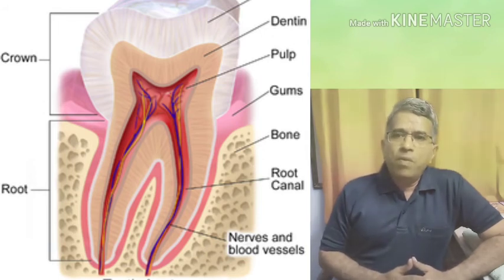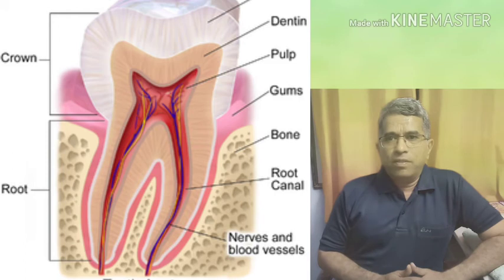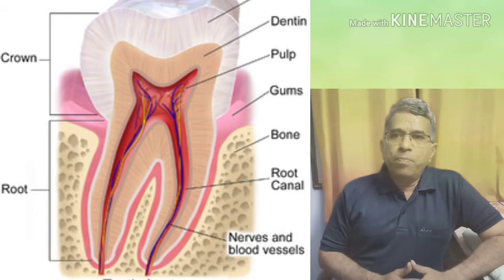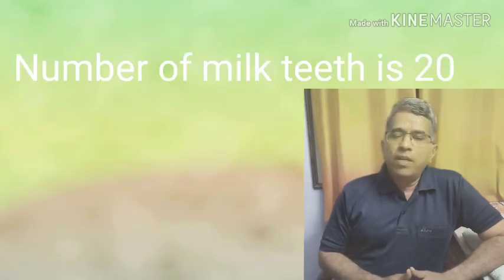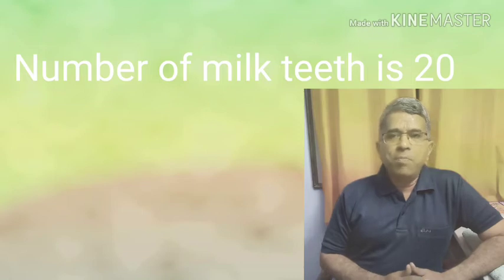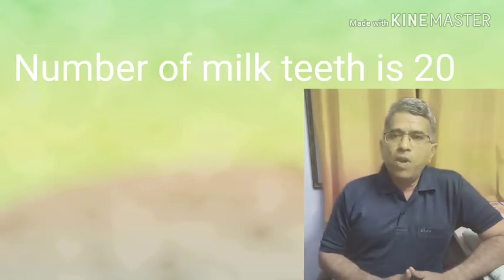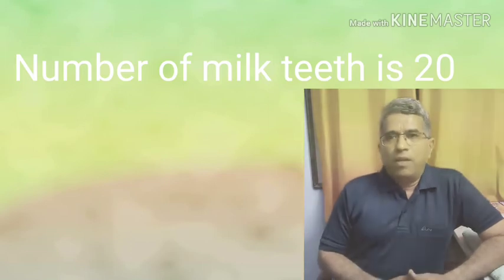Like that, the dental formula of an adult human being is 2123 by 2123, whereas the dental formula of the infant who contains only milk dentition is 2102 by 2102. An adult human being contains 32 teeth, whereas an infant child contains only 20 milk teeth. Premolars are not represented in milk dentition. This is about the teeth and their structure.